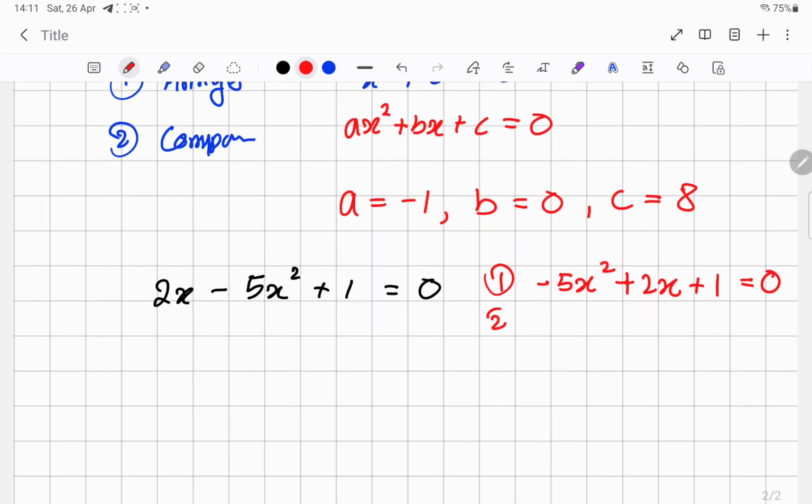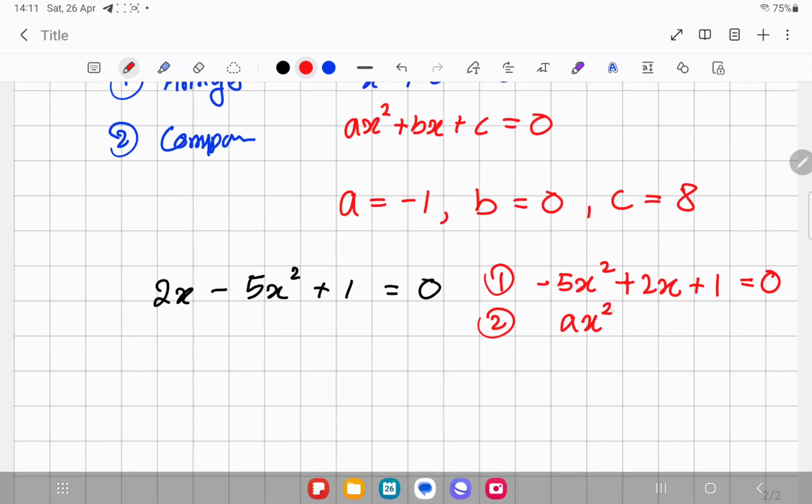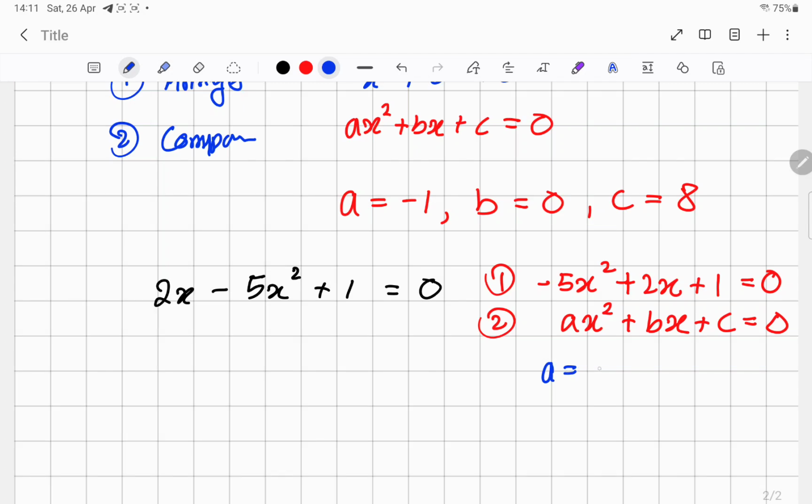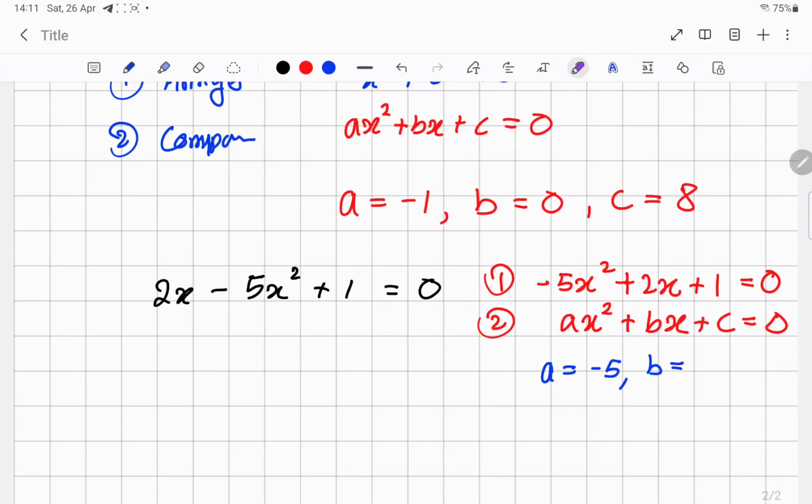Then you compare with ax squared plus bx plus c equals 0. After you compare, you know that a equals negative 5, b equals 2, and finally c equals 1.